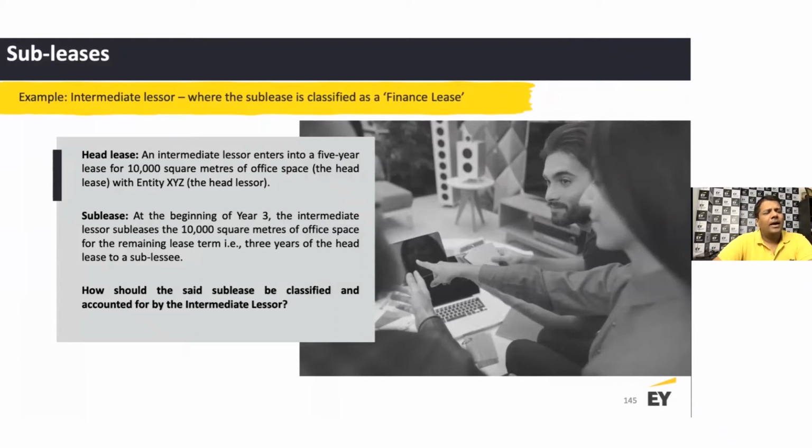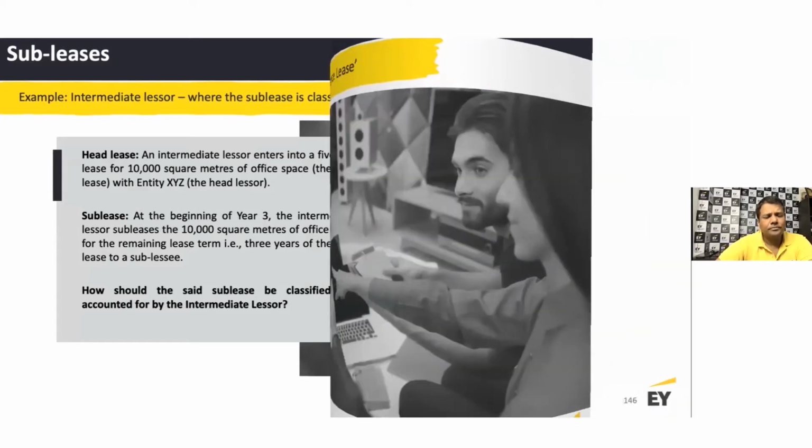Then I'm doing a sublease at the beginning of year 3; that means 2 years have passed. The intermediate lessor subleases the 10,000 square meter office space for the remaining lease term of 3 years. So essentially I'm leasing it like a finance lease. How should the said sublease be classified and accounted for by the intermediate lessor?